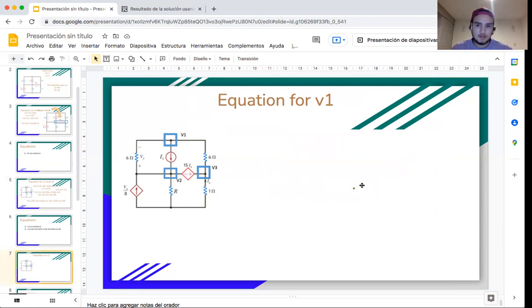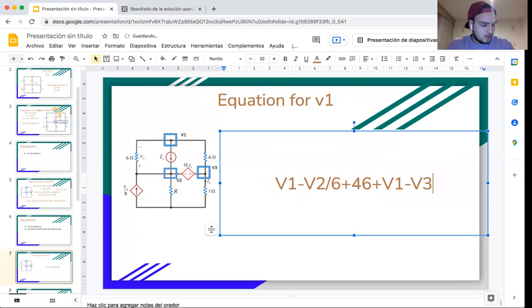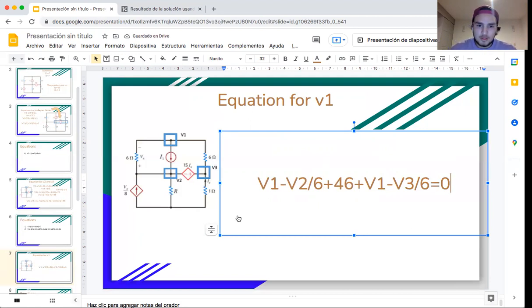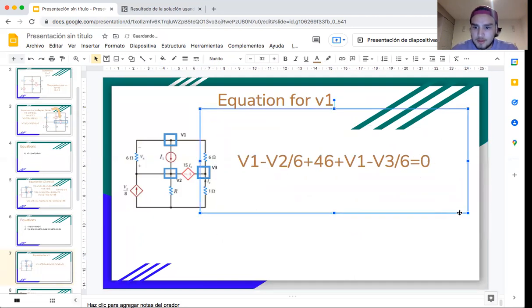So for this, we have V1 minus V2 divided by 6 plus 46 plus V1 minus V3 divided by 6 equals 0. This is our first equation for V1, but we can still simplify it more.